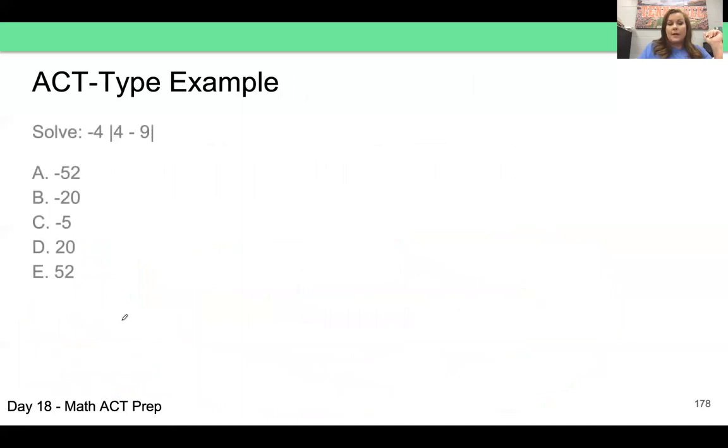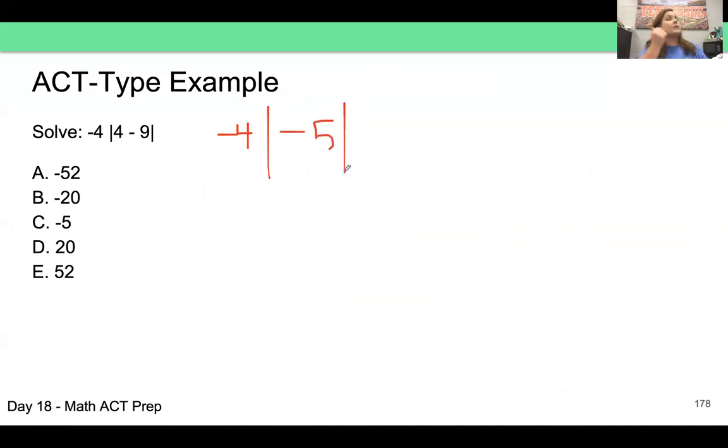Okay, so pause for a moment and I want you to try to figure out this ACT example involving absolute value. Okay, let's see if you got your answer right. Hopefully everybody did. The big question is we need to work here first. And when we do 4 minus 9, you're going to get what? 4 minus 9 times the absolute value of negative 5.